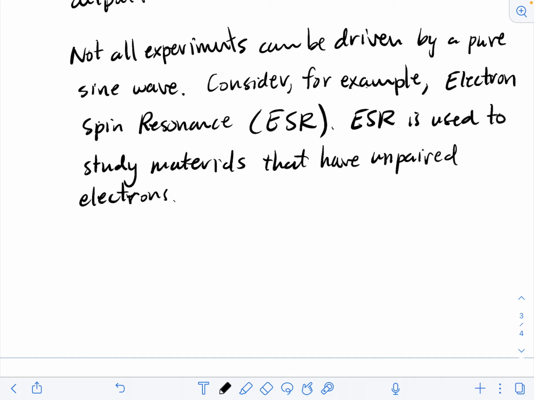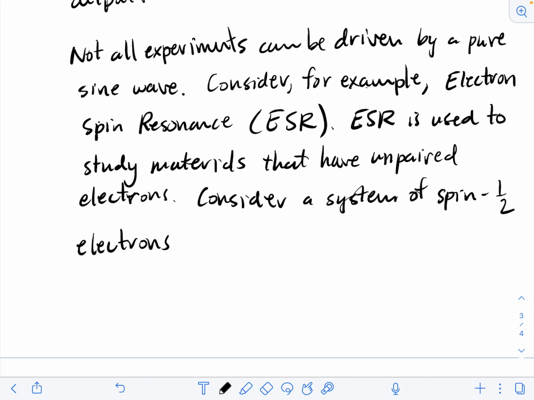So we're going to consider a system of spin 1/2 electrons with the spin angular momentum along the z direction. We're going to be applying an external magnetic field, and we're going to apply that field along the z direction. And the angular momentum of this electron spins along this z-axis is going to be quantized.